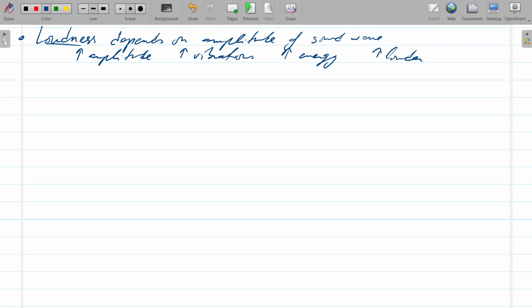And finally, the quality of sound. The quality of sound is also called the timbre. And this is how sort of clean the sound is.